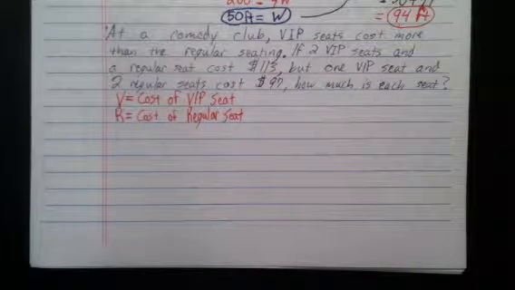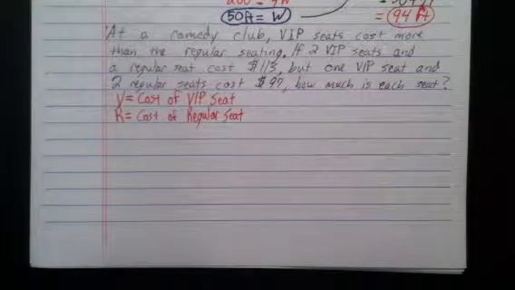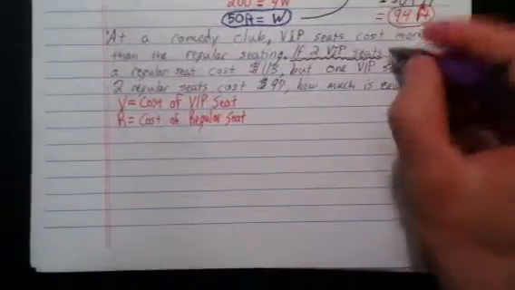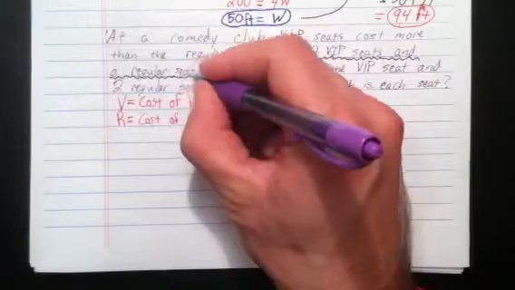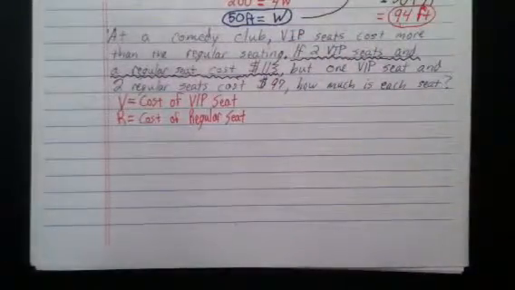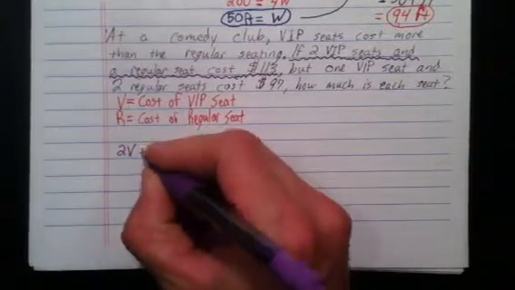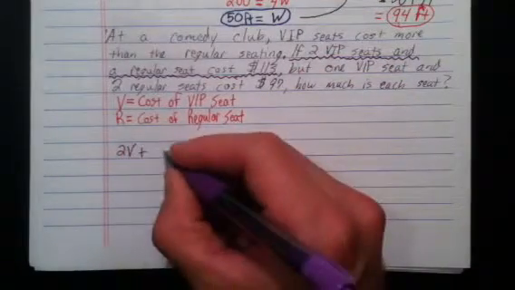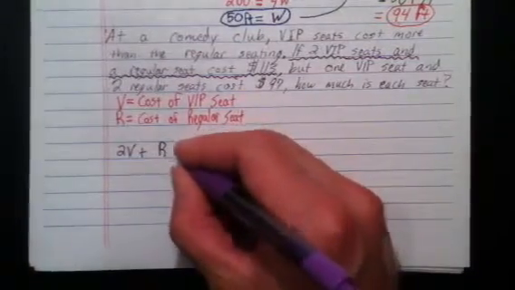Okay. So using those two variables, we need to set up two equations. Well, look at what they tell us in the problem. We have two VIP seats plus one regular seat. That costs a total of $113. So from that we can set up the equation that 2V plus 1R, okay, for one regular seat, so two VIP seats plus one regular seat, or just R by itself, that's going to equal $113.